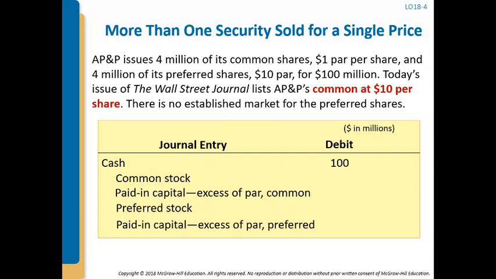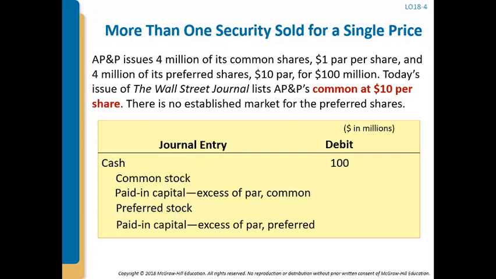APMP issues 4 million of its common shares, $1 par value per share, and 4 million of its preferred shares, $10 par, for $100 million. Today's issue of Wall Street Journal lists APMP's common at $10 per share.